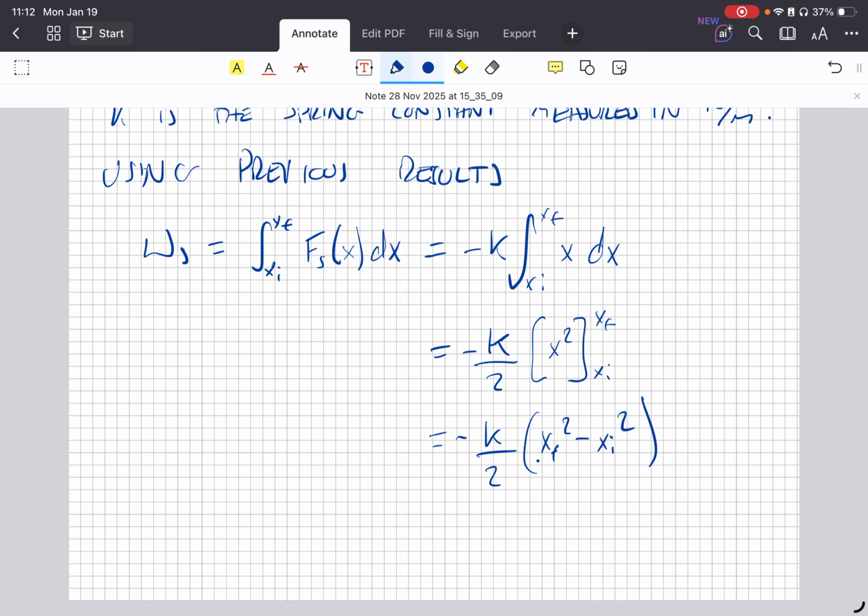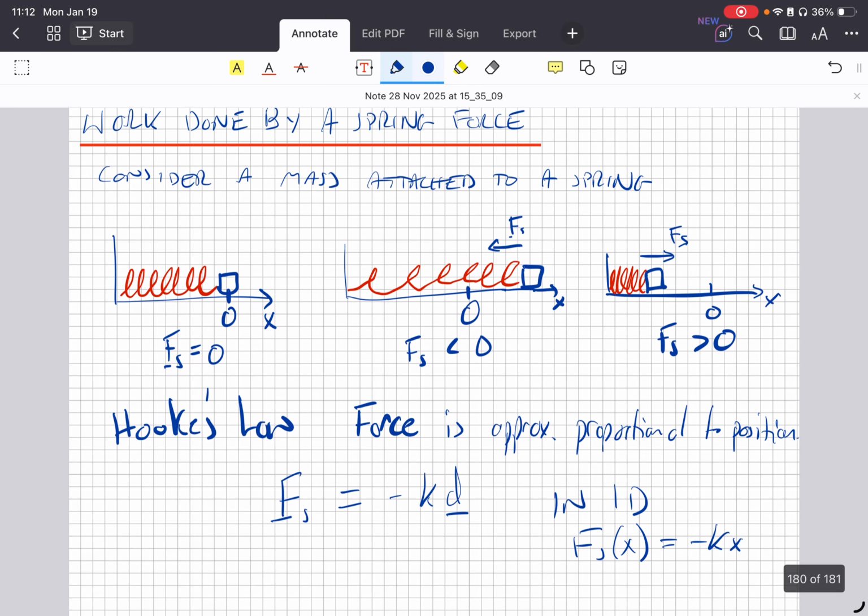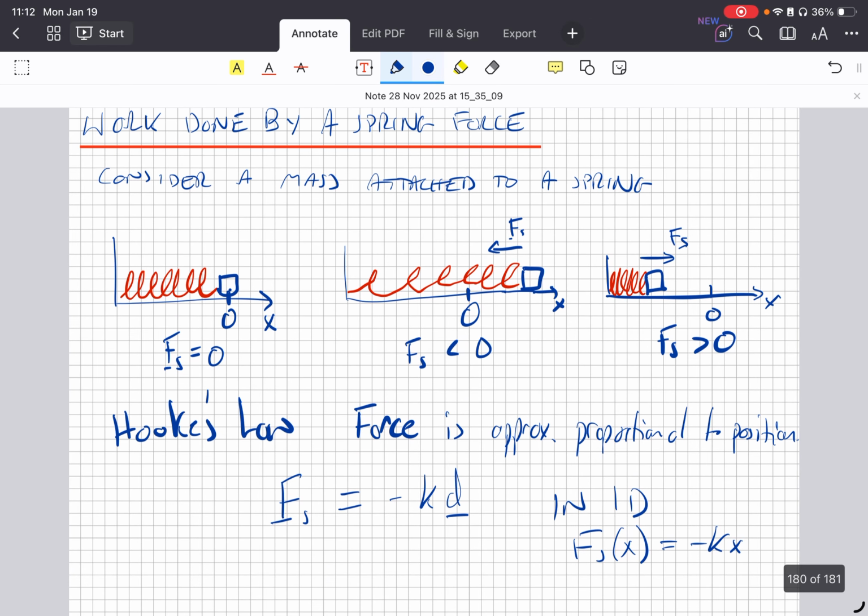Okay, so clearly, again, we've got an expression for the work done by the spring which depends only on the initial and final position. So what that means is it doesn't matter what path we take to get between these initial and final positions. So I could, for instance, start at the equilibrium position and press the spring in and have it go back and forth a few times and then finish at some final position.